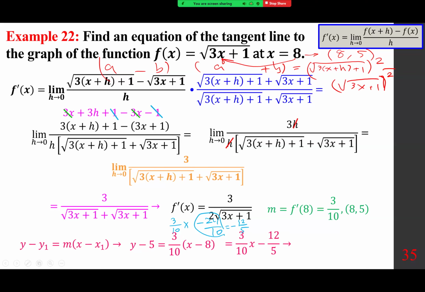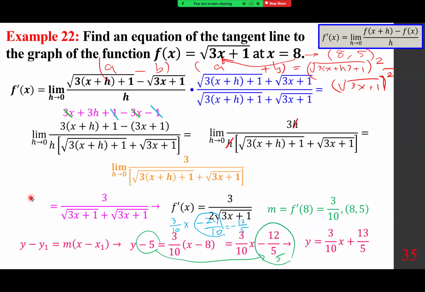And if I add 5 to both sides, 5 is the same as 25 over 5. And we get y equals 3/10 of x plus 13 over 5.